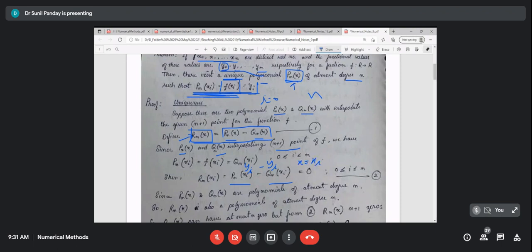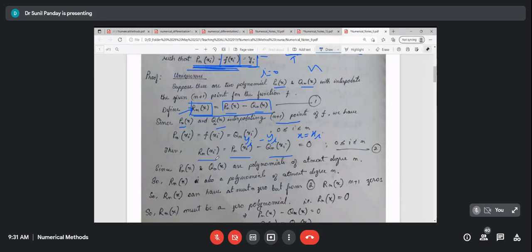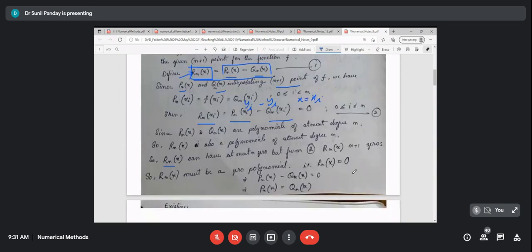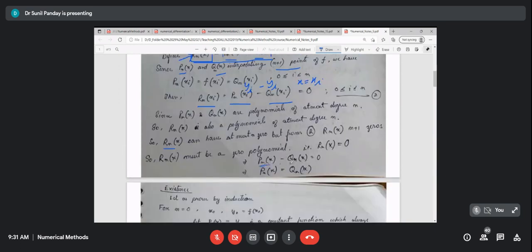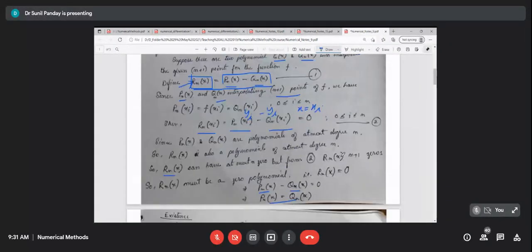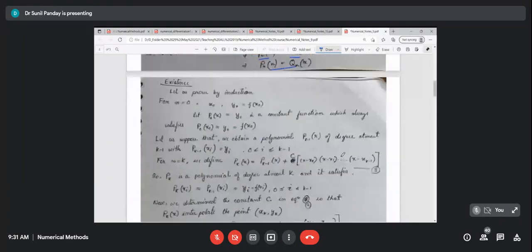Otherwise, they are not interpolating polynomials. So Rn(x) is a polynomial of degree n but having n plus 1 roots, and this is possible only when Rn(x) is the zero polynomial. And if Rn(x) is the zero polynomial, then we conclude that Pn(x) equals Qn(x). So there cannot be two different polynomials; it is unique.